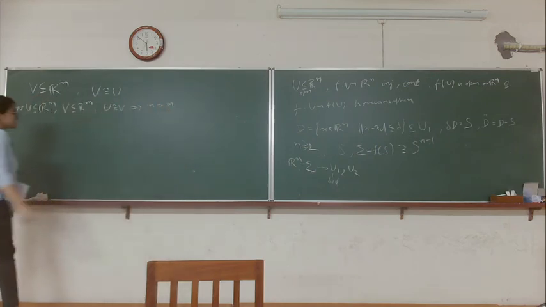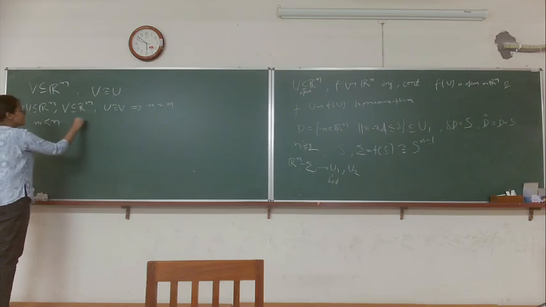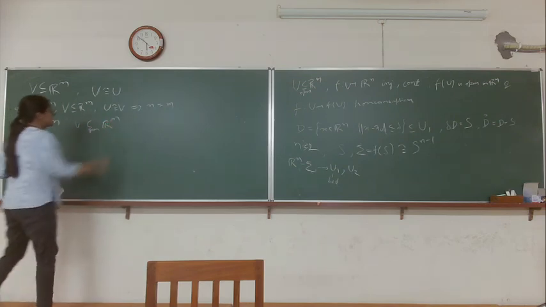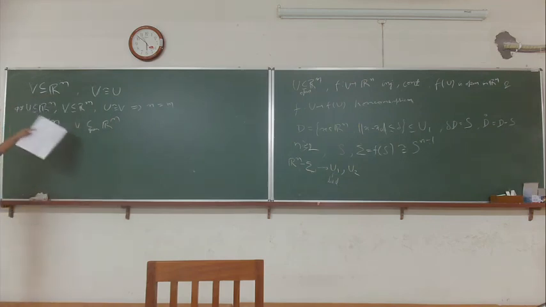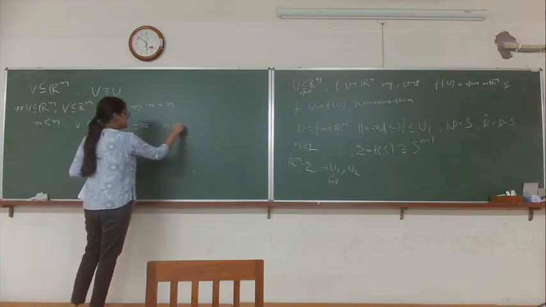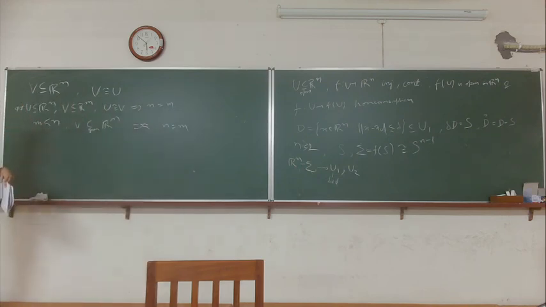This follows because if not, say m is less than n, then from our statement of invariance of domain, we get that V is open in Rn. But this cannot happen because V is contained in a proper closed subset of Rn, which is not possible. Hence it's a contradiction, so we get n equals m. From this we can also conclude the important theorem that Rn and Rm are homeomorphic if and only if n equals m.